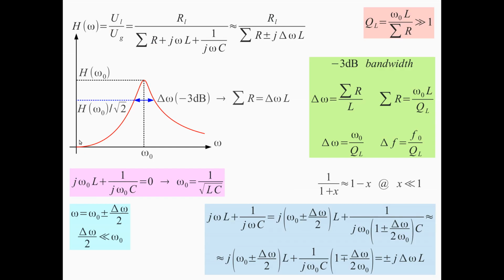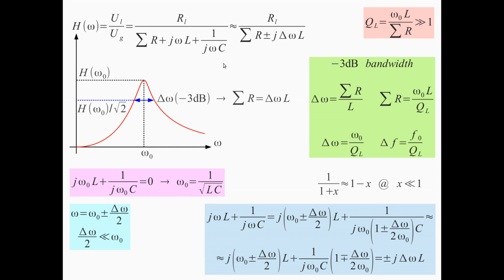And this is the well-known familiar resonance curve, and we are trying to get what is the bandwidth. Usually the 3 dB point is called the bandwidth of our filter.